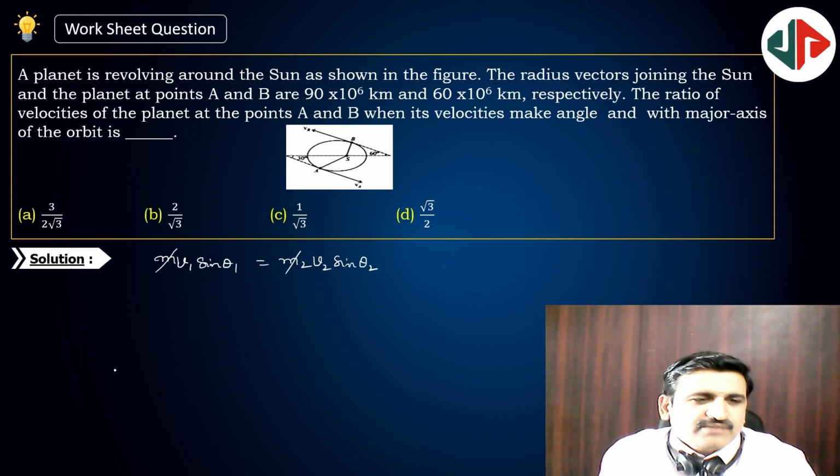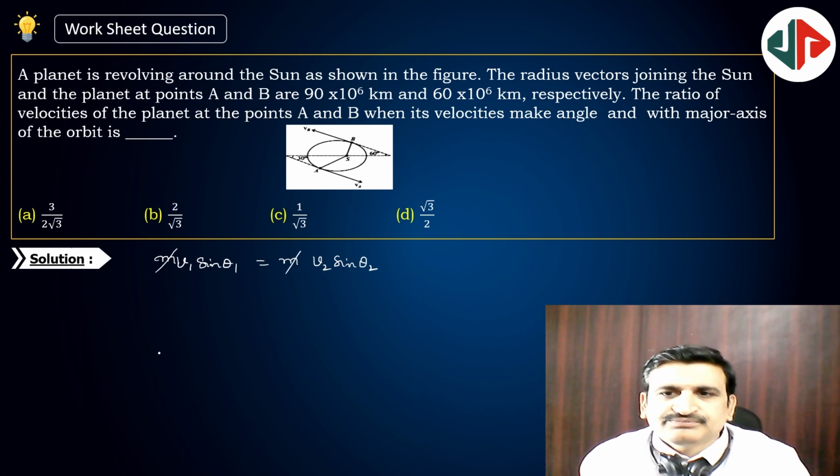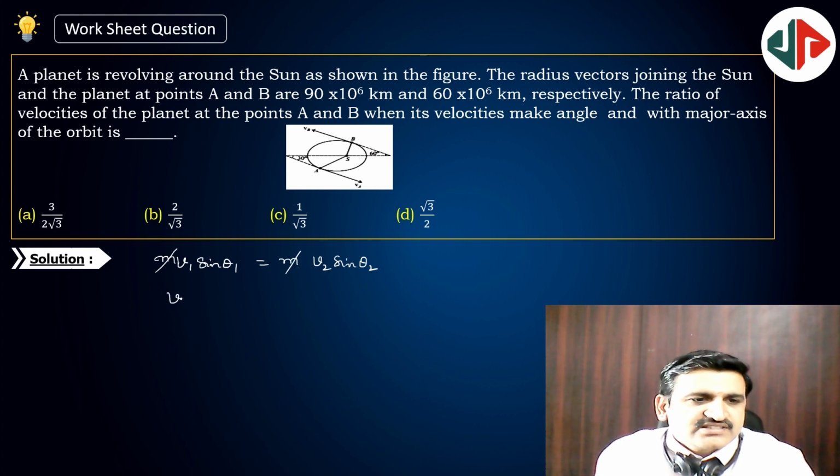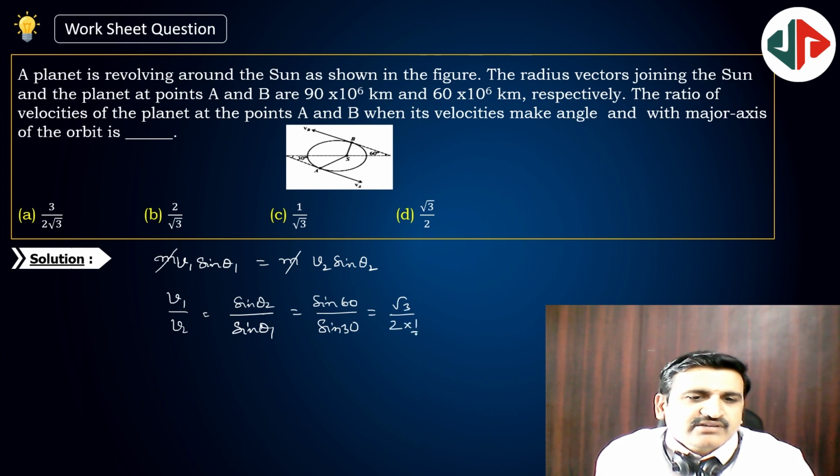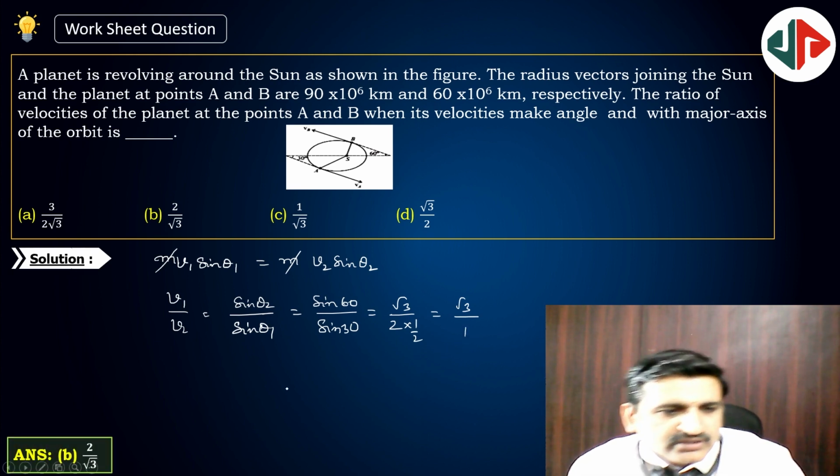So the ratio of velocities v1 by v2 is equal to sin theta 2 by sin theta 1, which is sin 60 by sin 30. Sin 60 is root 3 by 2, sin 30 is 1 by 2. So it will be root 3 is to 1. So option B.